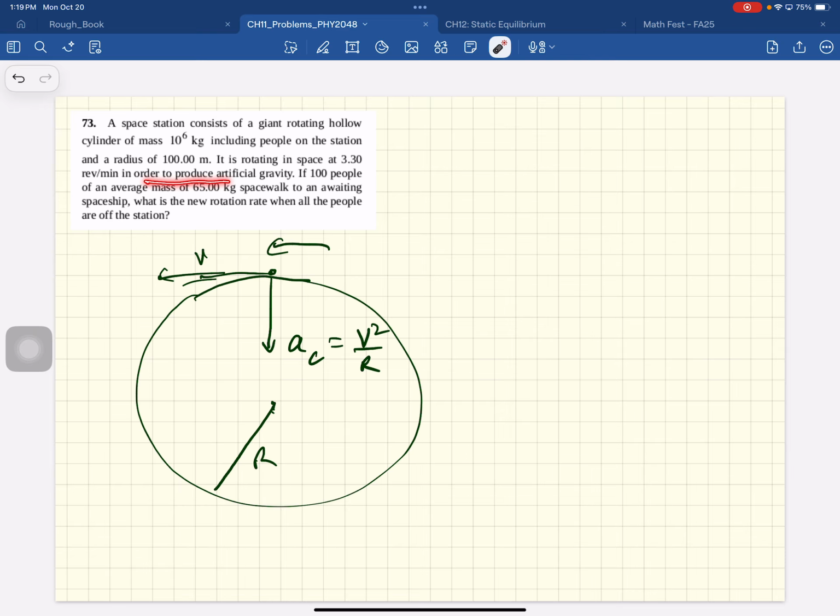In order to produce artificial gravity, if 100 people of an average mass of 65 kg spacewalk to an awaiting spaceship, what is the new rate of rotation when all the people are off the station? So what happened was 100 people went on strike. They got into a spacecraft and went away. And now what will happen to the space station?